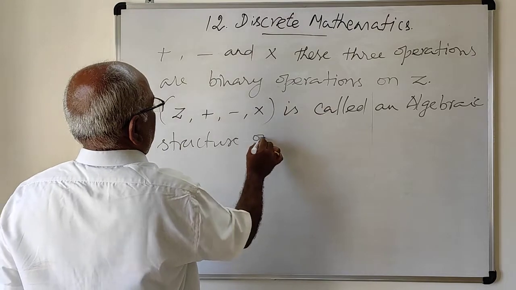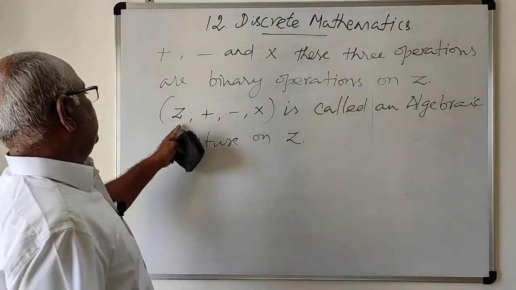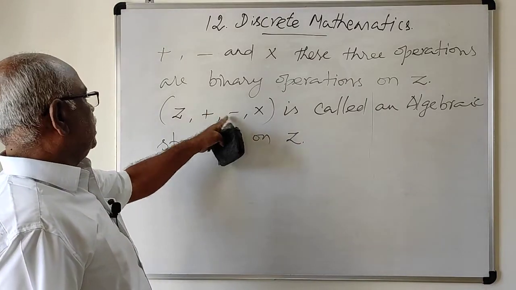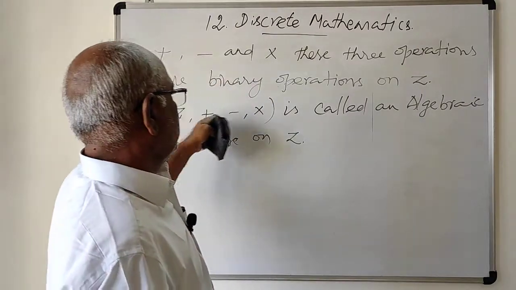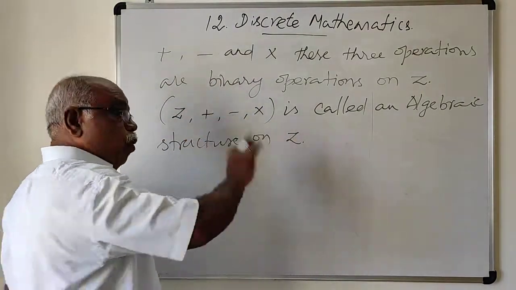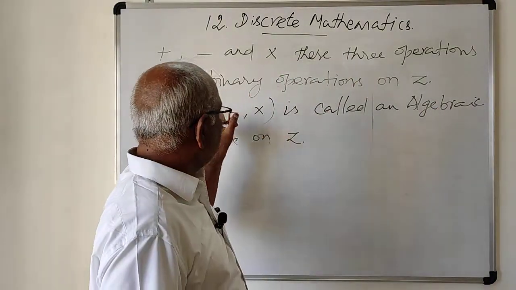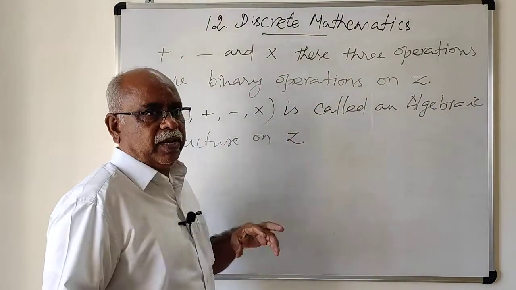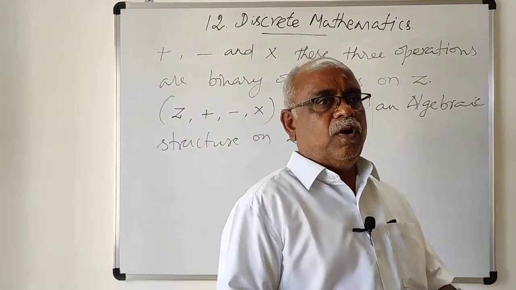Plus is closed, minus is closed under Z, and multiplication is also closed under Z. That is, one or more binary operations can be defined on a set. We can find two or more binary operations on the same set to form a structure.